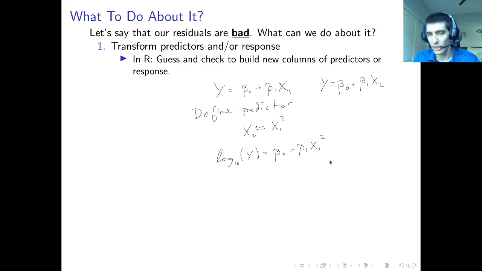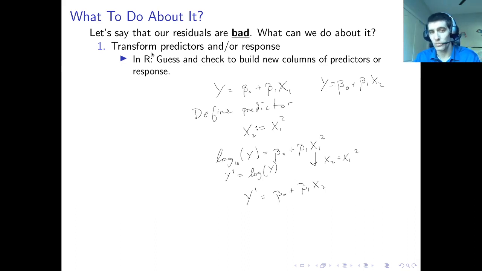So I can take x2 equals x1 squared, a transformation of the x1 variable, and have another variable, y prime, which is log of y. And then y prime is beta 0 plus beta 1 x2. This is a linear relationship between a transformed y and a transformed x. And so this is a valid linear model, right? What we're doing is just finding a transformation which makes this model fit well.